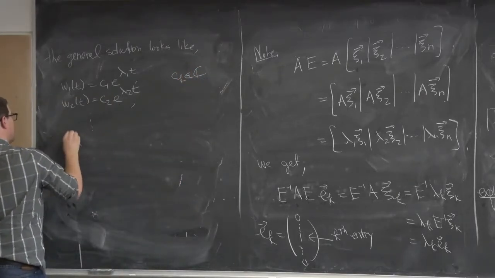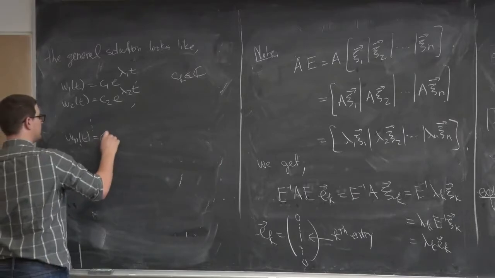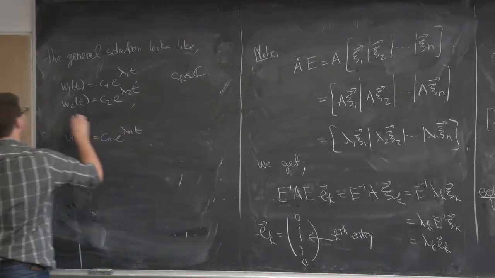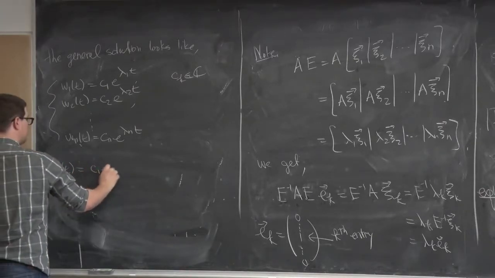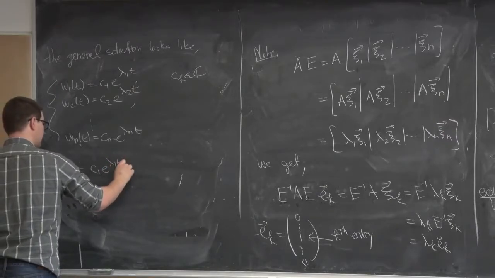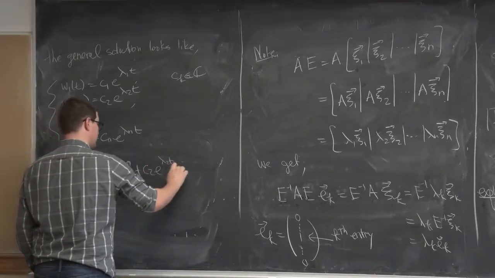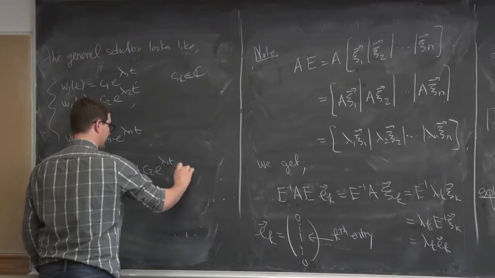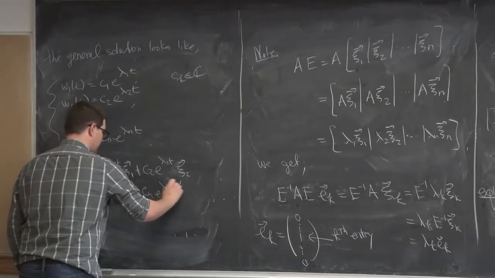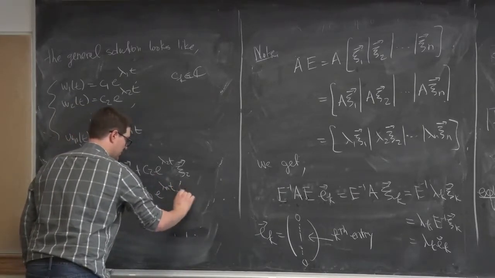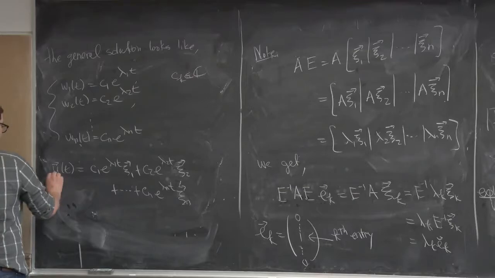To make it a real solution, you have to do that Euler's formula thing, if you're interested in real solutions. In particular, y looks like c1 e to the lambda 1 t c1 plus c2 e to the lambda 2 t c2, up to cn e to the lambda n t cn. It's a linear combination of these basic solutions. This is what the general solution looks like.